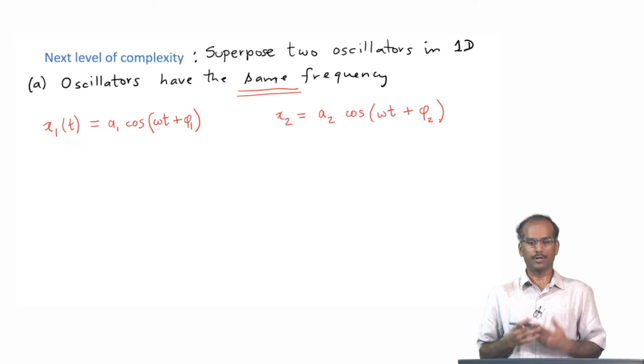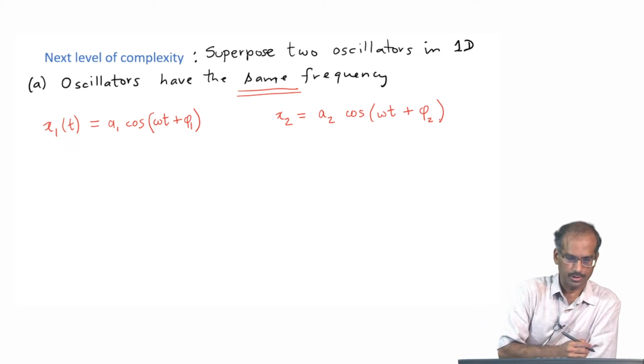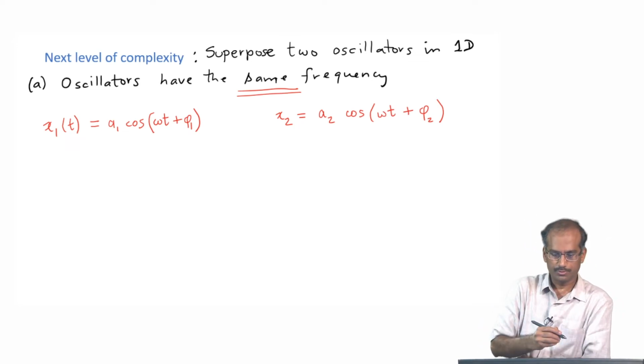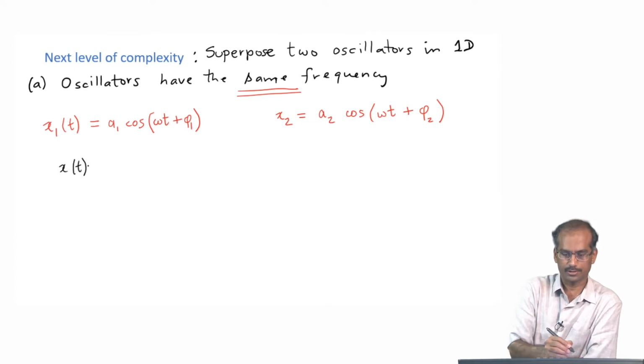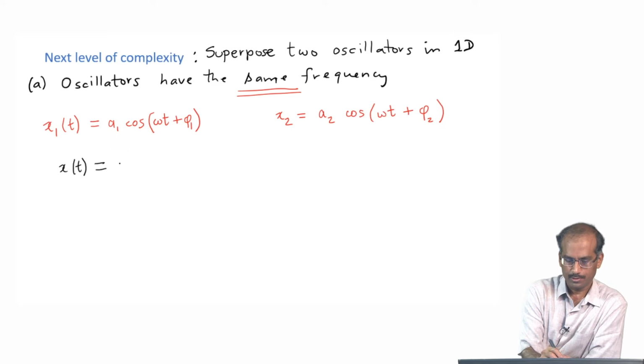Now, I want to combine these two oscillations. So, which means that my combined solution x of t would simply be equal to x1 of t plus x2 of t.